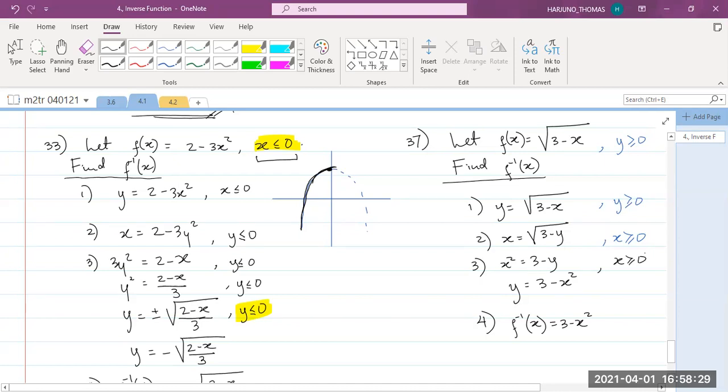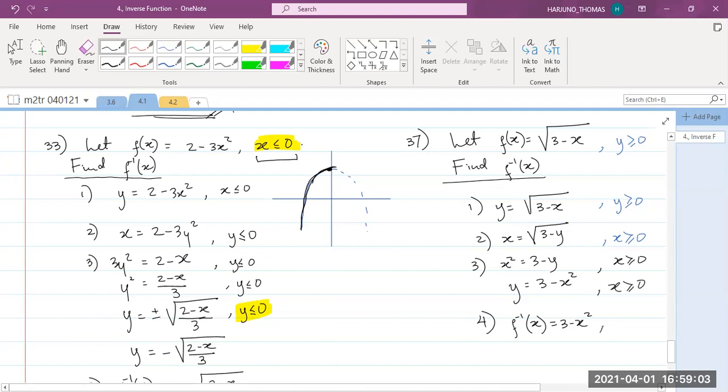Now, something that was not necessarily written, that's why I wrote that in blue. Now, in step 3, I have to write it explicitly. x has to be at least 0, because in this equation here, x may be negative. You see what I mean? Now, that restriction becomes what you need to keep on writing until the end.